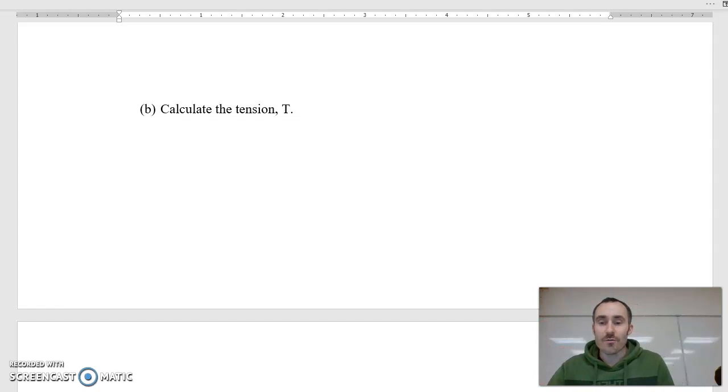So I'm going to redraw this just over here, just so we can remember what we're looking at. Here are our 2 boxes and the force pulling them. So we're looking at this tension in the rope in the middle.